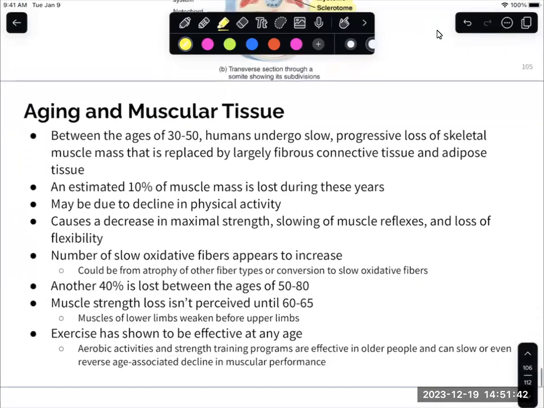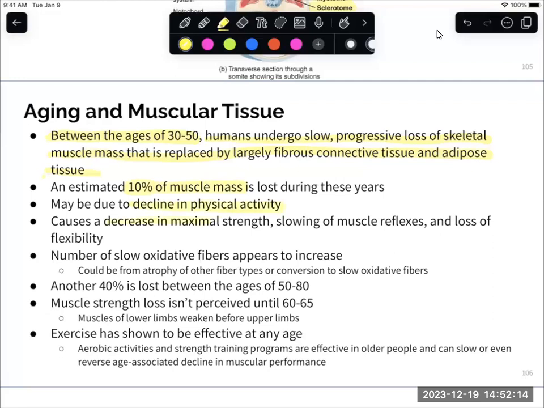Between the ages of 30 and 50, humans slowly start to lose their muscle mass, and it gets replaced with connective tissue and fat cells, adipose tissue. Between 30 and 50, we tend to lose about 10% of our muscle mass. It could be because of a decline in physical activity.